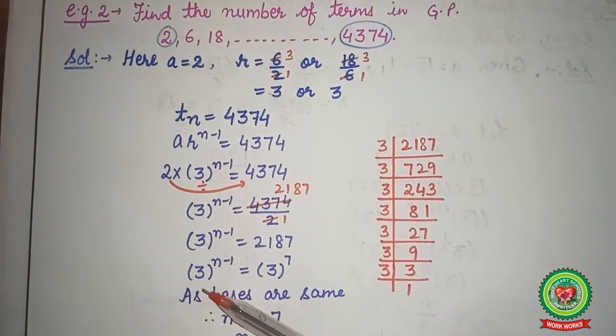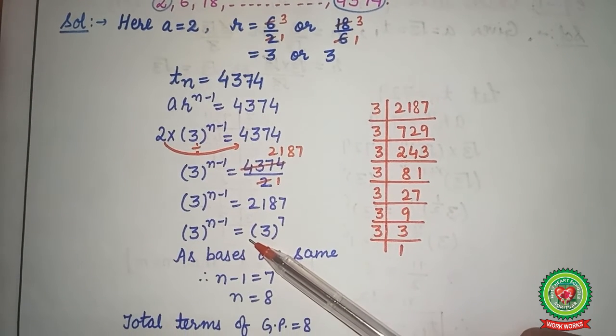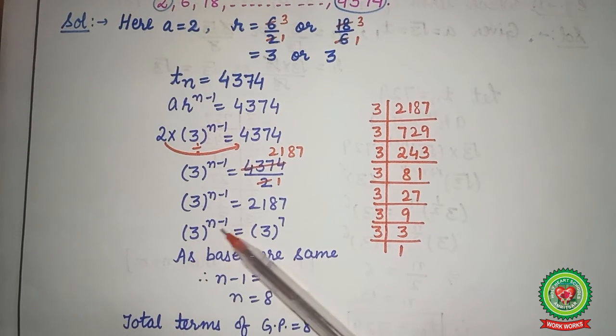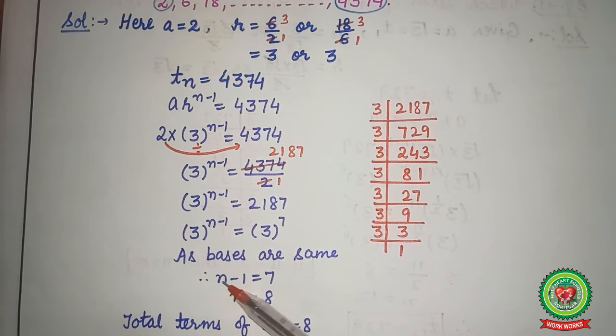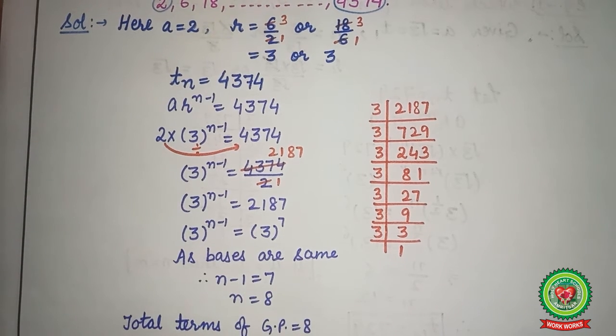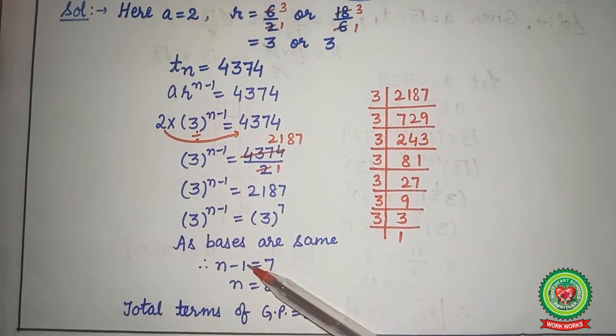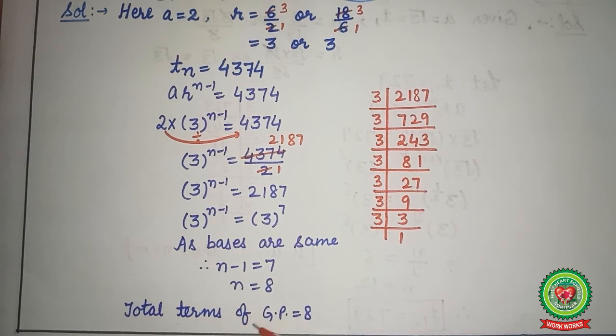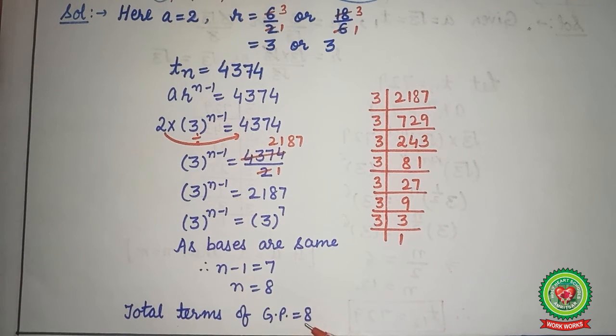Again, here we have two terms with the same base, so as bases are the same, their powers must be equal. n minus 1 is equal to 7. On shifting 1, we get n is equal to 8. In this way, we can find the total number of terms of the GP, that is equal to 8.